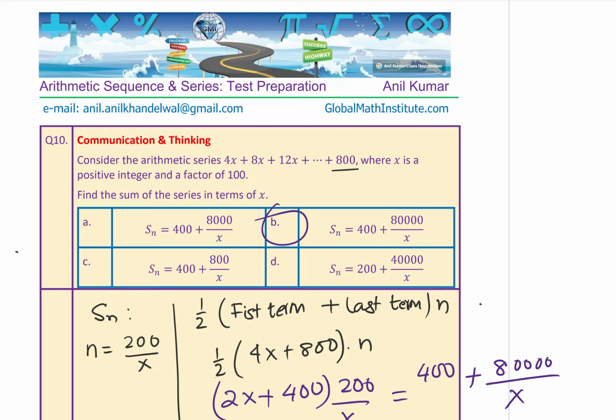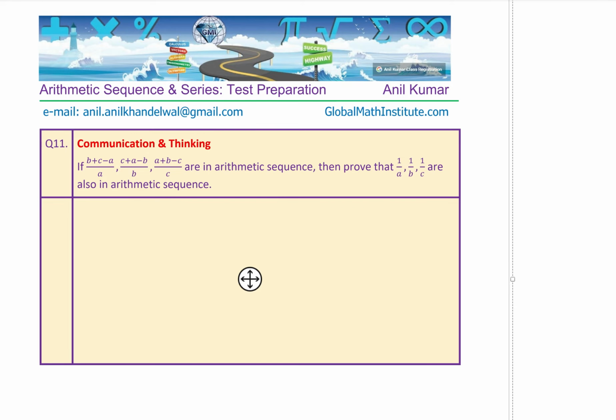So we get option B as the right option. So you could do it in this fashion also. So we already know how many terms are there, apply the formula, get the result, and that is how you could do it. So I hope with this you have understood different ways of solving these questions. We have more questions to do, but I'll take them as an assignment.